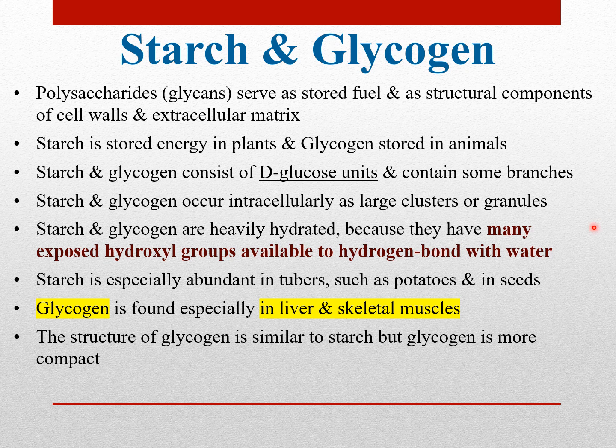So here is a comparison between two types of polysaccharide, starch and glycogen. A lot of information is given here, you may read it, but I just want to highlight a few. Starch and glycogen are both made of glucose. One has more branching while starch has less branching. Starch is made of 20% amylose and 80% amylopectin.